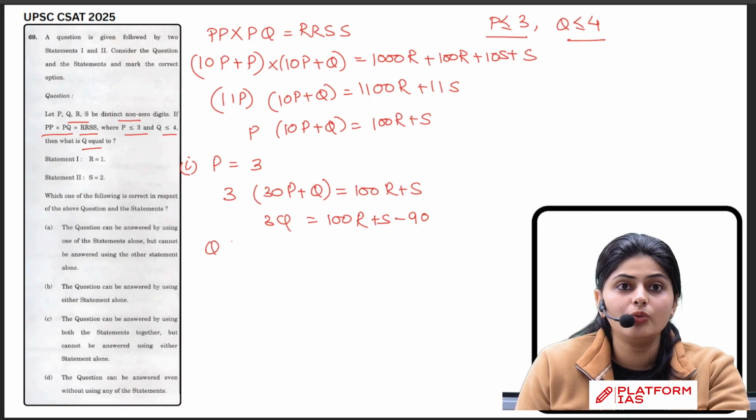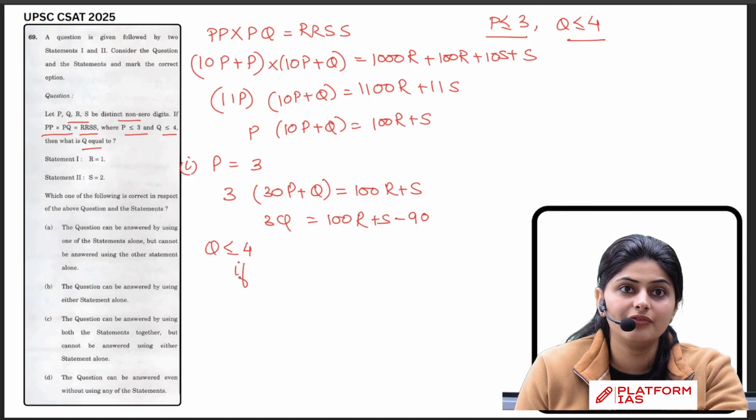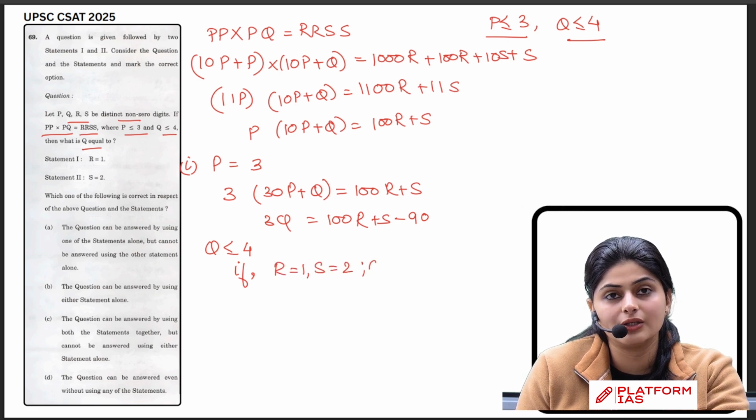And Q is less than or equal to 4. If R is 1, S is 2, then Q is equal to 4. The condition is satisfied for these values.